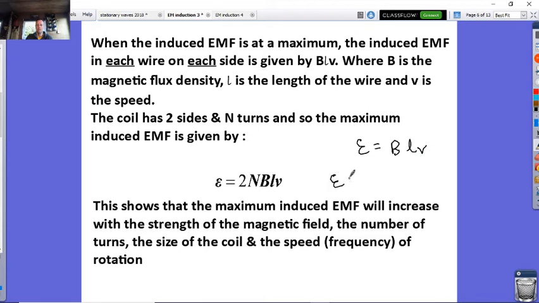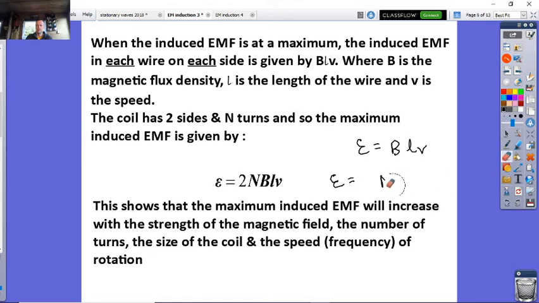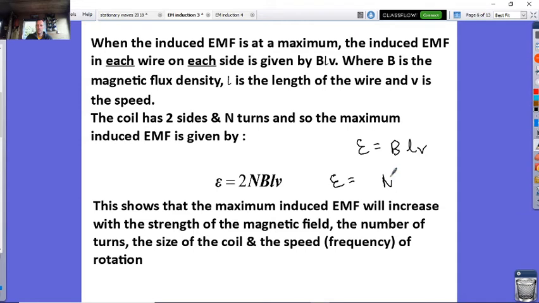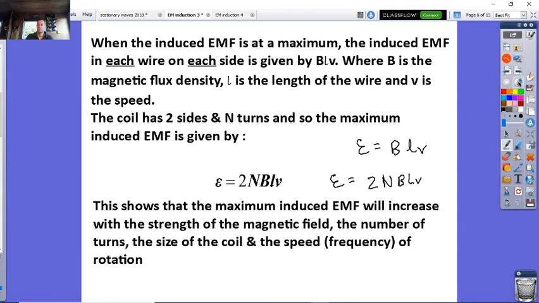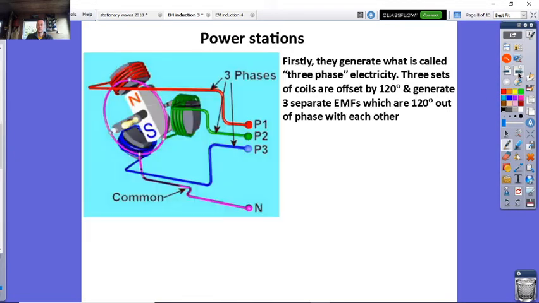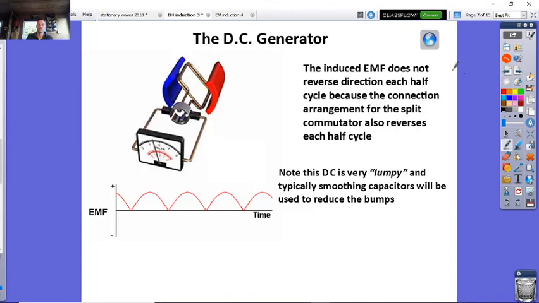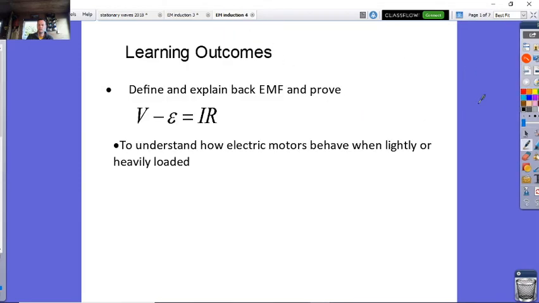And if you've got N, the number of turns, it's going to be NBLV. Try that again. That is then going to be NBLV. And because you've got two sides of the coil, it ends up being 2NBLV. Now, you haven't asked me about the 3-phase. I'll leave that alone.